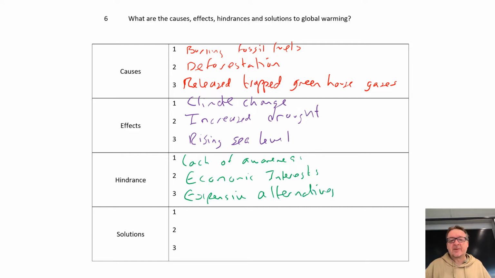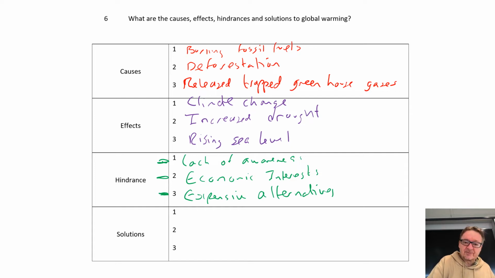Right, so that basically means that global warming's happening, but people are either unaware of it, or economic interest means they don't care because there's loads and loads of money involved. They're not going to decrease their billions of pounds in the bank so that they can save global warming. And the alternatives to the products that you might have to reduce global warming tend to be more expensive, like electric cars.